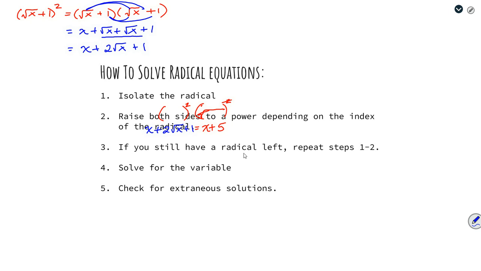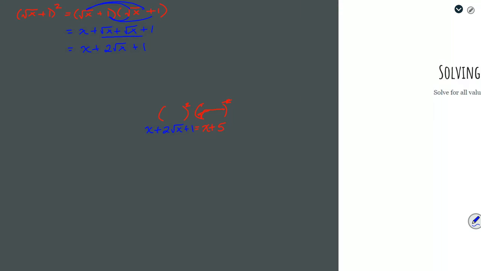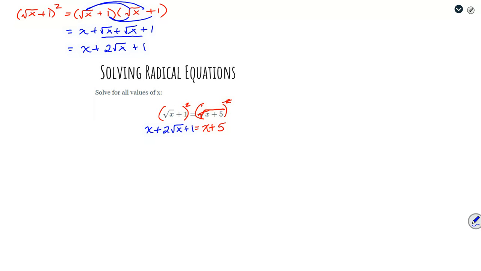If you still have a radical left, repeat steps 1 and 2. So I've got to go back and isolate that radical again, then raise both sides. So I need to isolate that radical. I'm going to isolate the radical by subtracting the x on both sides from the like terms, and subtracting the 1 on both sides from the like terms.